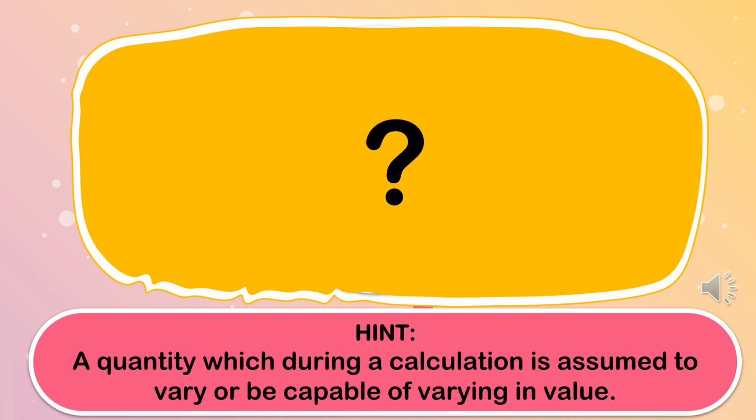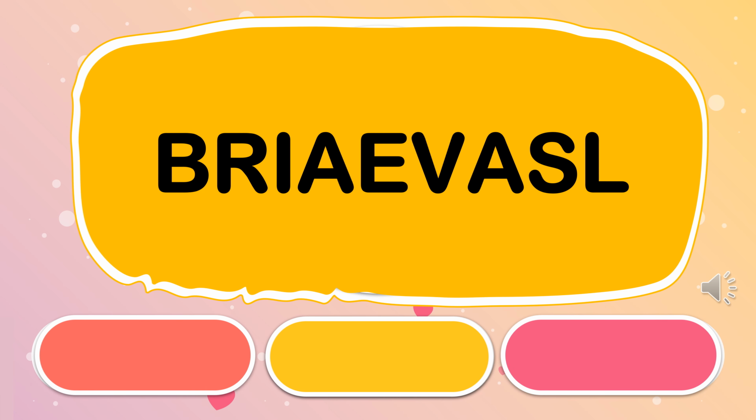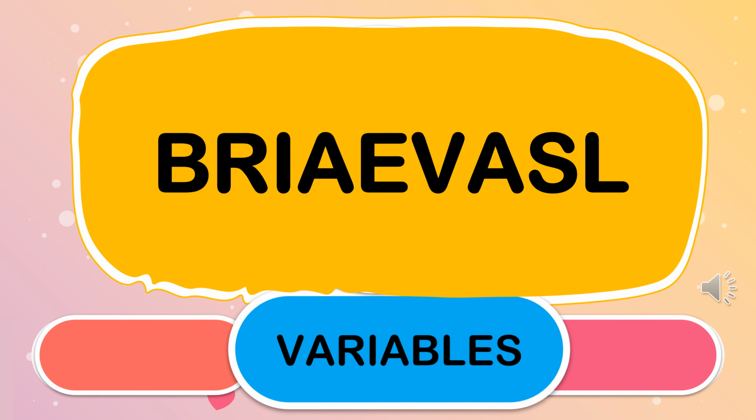Next term, a quantity which during a calculation is assumed to vary or be capable of varying in value. What term is this? That's good. So the correct answer is variables.